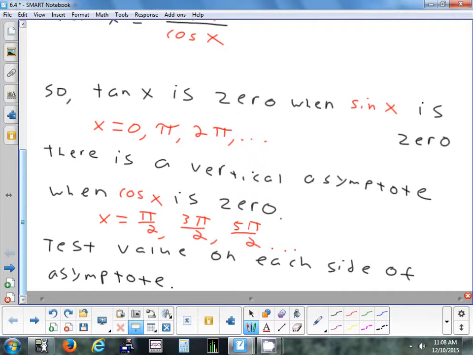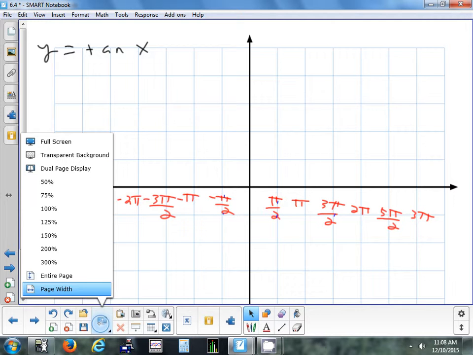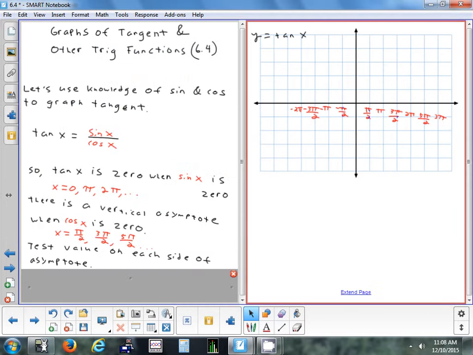Okay, so let's see if we can graph that. First thing I'm going to do is put in my zeros. When x is 0, I'm going to cross the x-axis. At pi I'm going to cross. 2 pi I'm going to cross.